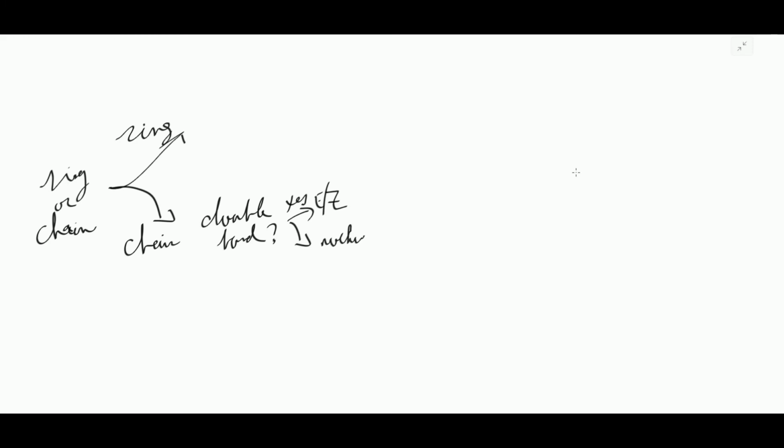So we can come up here for the ring, come down here for the chain. So double bond, yes, then that is going to be E/Z. No on the chain, no double bond, nothing.